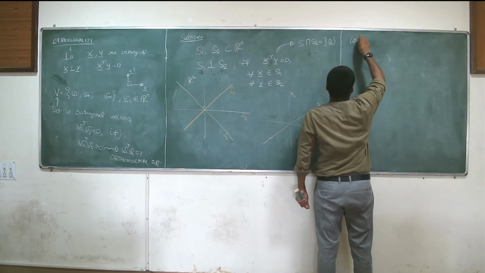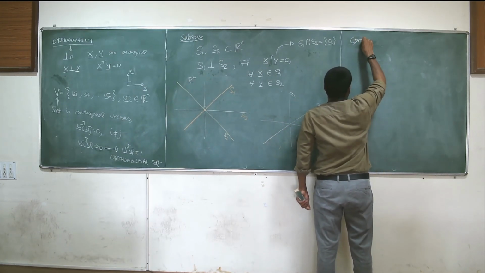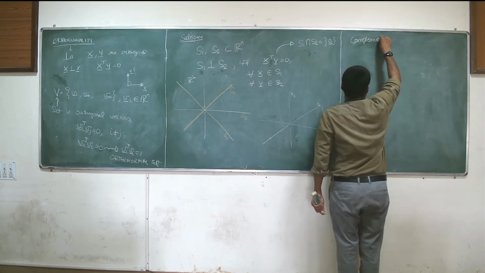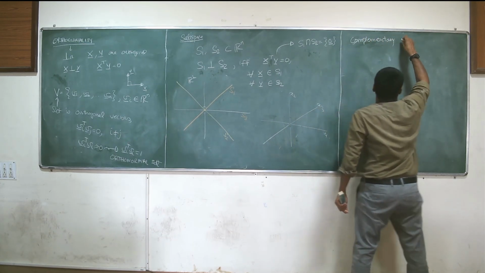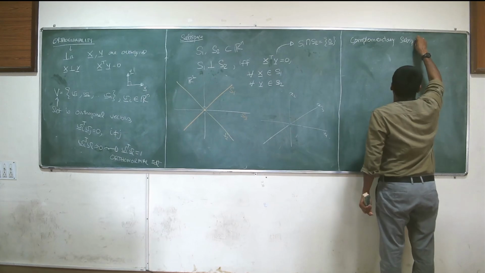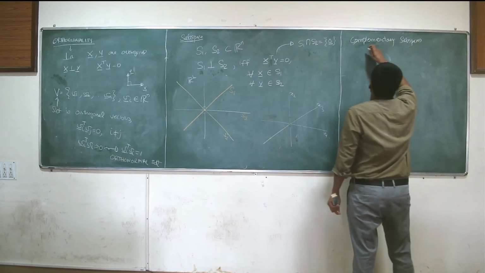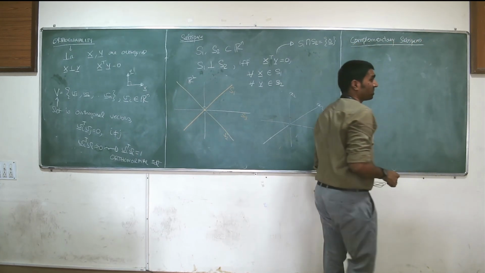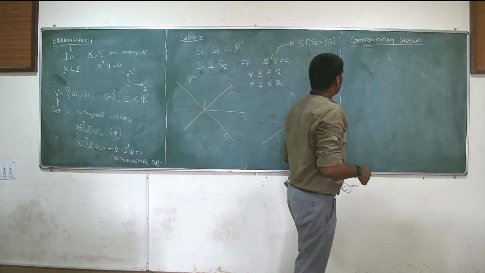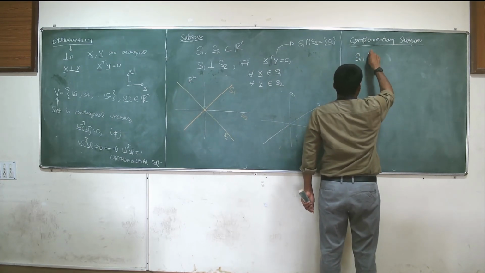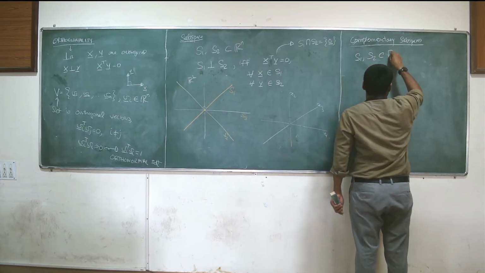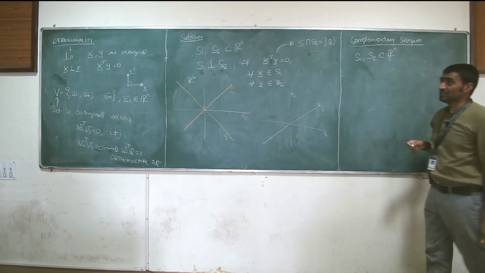Another concept that we look at is this idea of complementary subspaces. Let's say S1 and S2 are subspaces of Rn, some parent space.